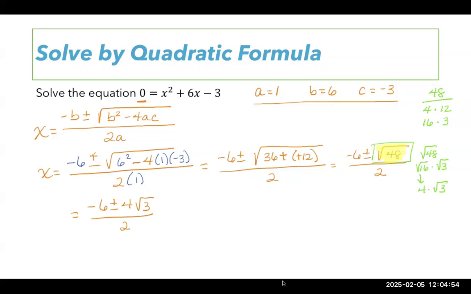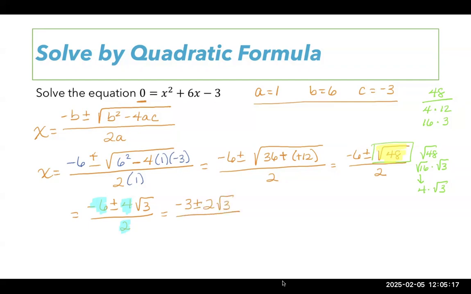And so now both of these numbers, which are not inside of a square root, so this one and this one, both of those can actually be divided by this 2. And so we're going to do that. -3 plus or minus 2 square root of 3.